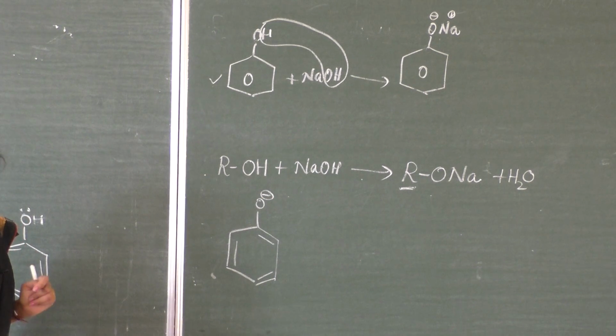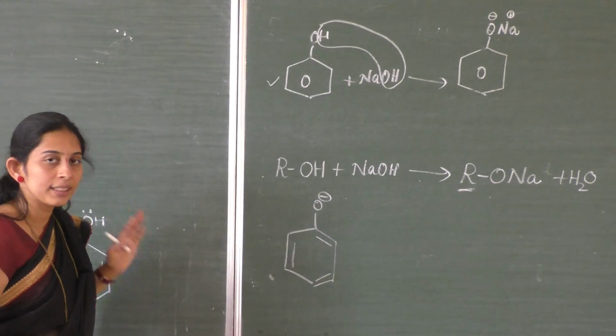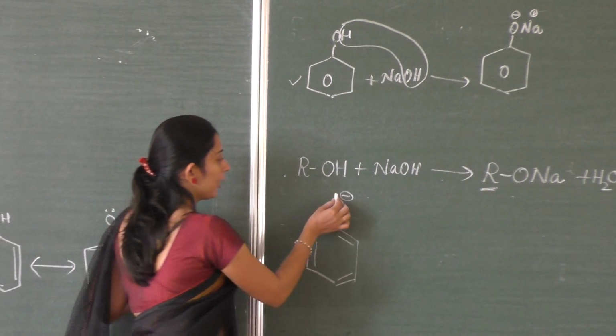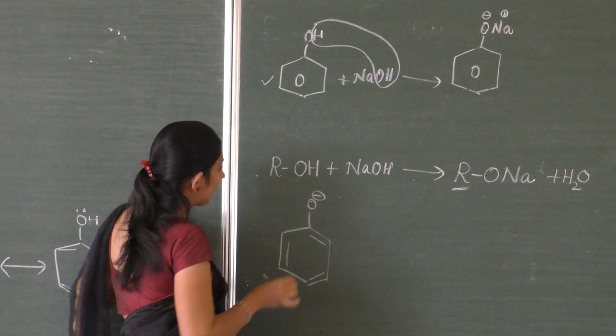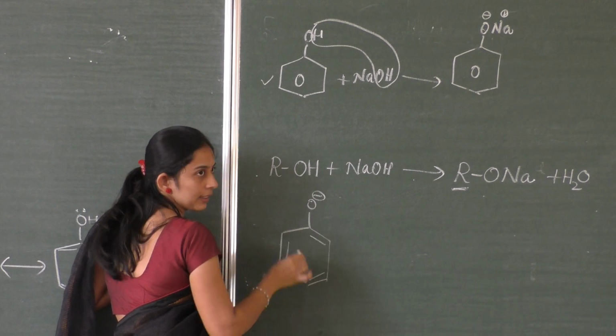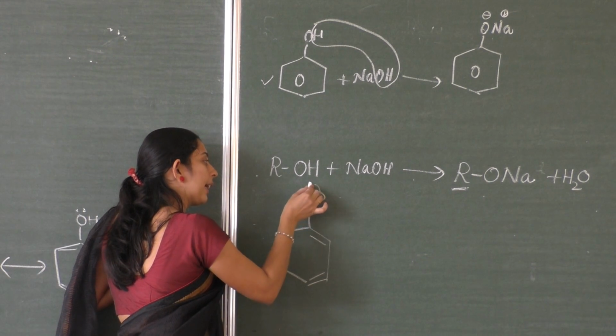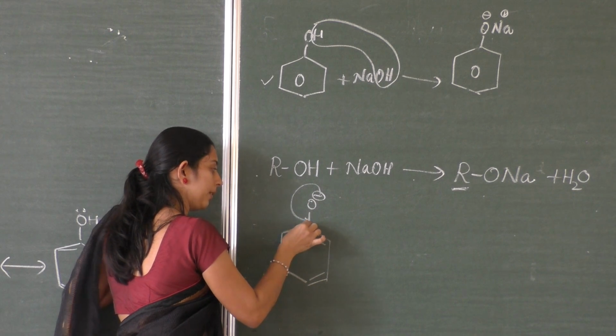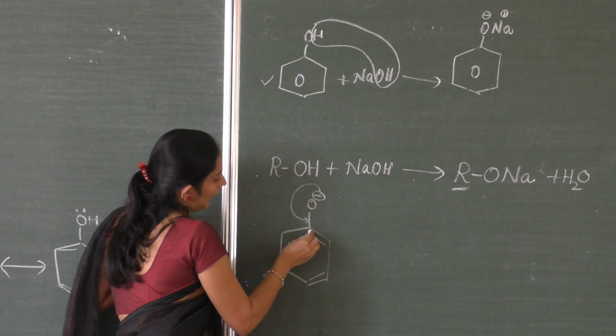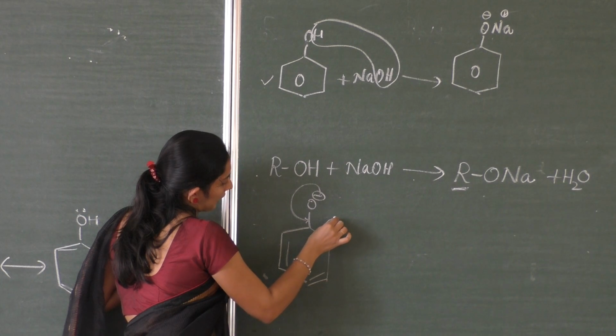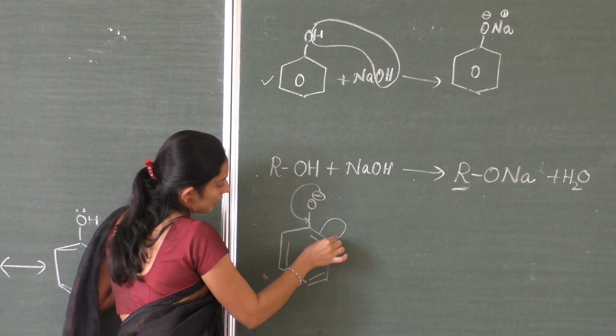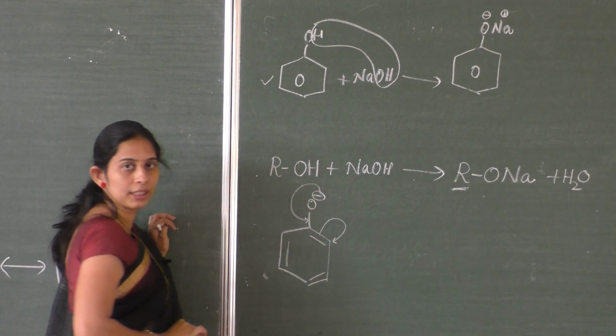Phenoxide ion is O minus. Hope it is clear. So this O minus will donate its negative charge to this position. At that time, an sp2 hybridized carbon is there and the double bonds are in alternate positions of the benzene ring.